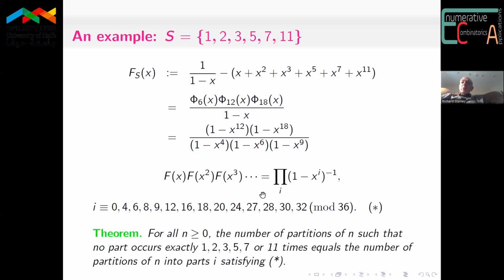For all non-negative integers n, the number of partitions of n in which no part occurs exactly 1, 2, 3, 5, 7, or 11 times, these are the excluded part multiplicities, equals the number of partitions into these parts satisfying star: parts congruent in certain congruence classes mod 36.